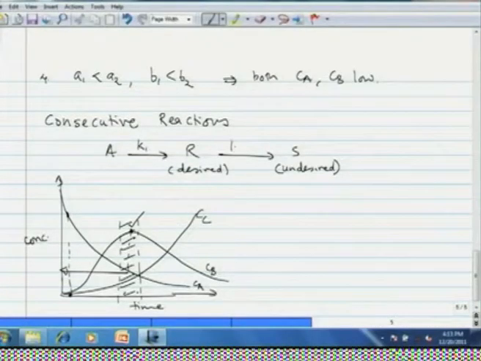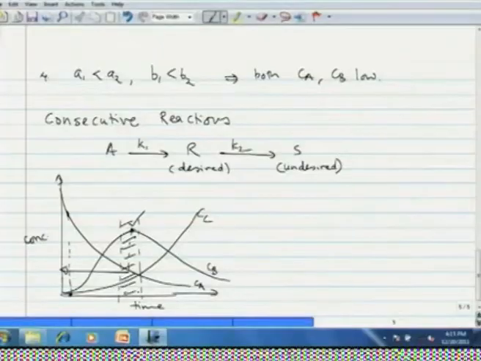So, this is as far as the consecutive reactions are concerned. In this case, we have to solve the equations that we are going to do in the tutorial and see what is the optimum time for maximum yield and so on. So, at this point we leave it here with this qualitative discussion.